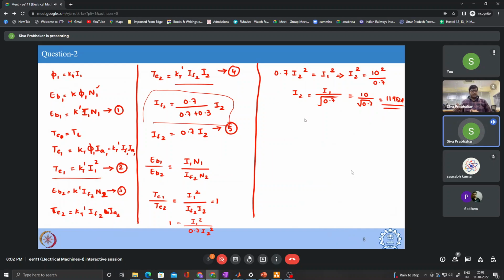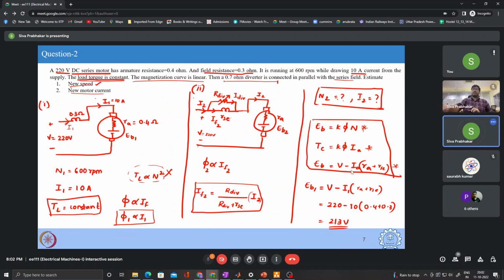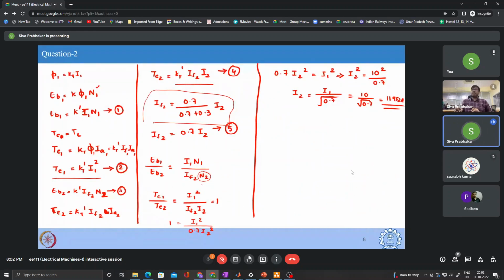Now we need to find the value of N2. So we got the value of the new motor current. So we need to find the value of N2. For N2 we can write EB1 by EB2 equal to I1 N1 by IF2, we have 0.7 I2, and N2.